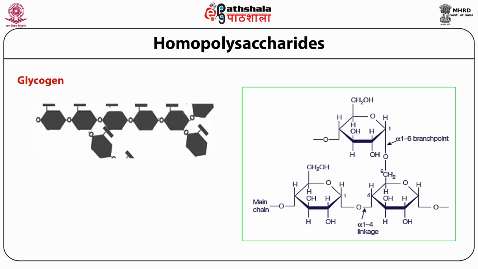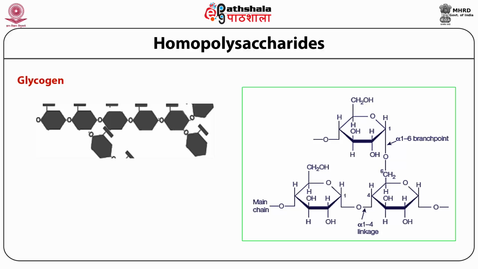Glycogen. The figure shows the chemical structure of glycogen. Glycogen, like starch, yields glucose upon acid hydrolysis, hence it is a polymer of glucose. Glycogen occurs widely in animal tissue, especially liver and muscles, and gives a red, brown, red, or at times violet color with iodine.